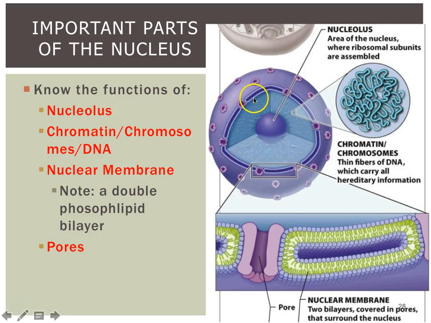But it's a double layer here with a space in between. And so you can see here, there's this little gap right here. And so it's a really, really thick bilayer. It's a double bilayer. And the only way that things can move in and out of this nucleus are through these structures called pores. These are also made up of protein, but they don't really distinguish.